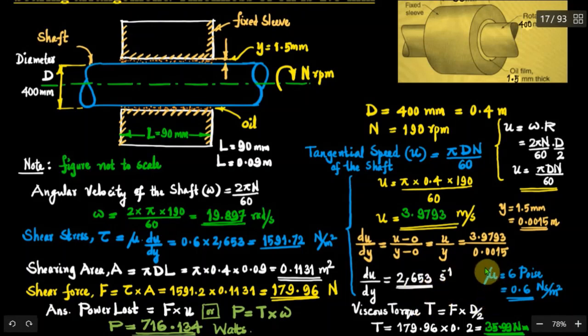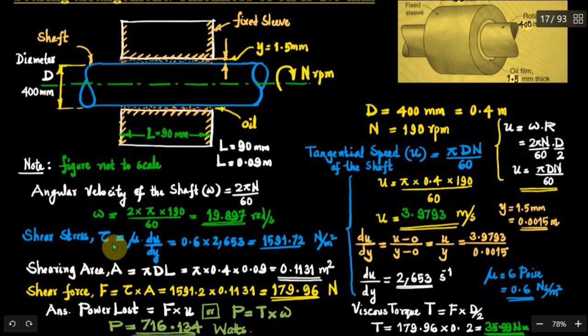The dynamic viscosity of the lubricating oil is given as 6 poise. When you convert that into SI units, you will get 0.6 Newton second per meter square or Pascal second, because 1 poise is 1 by 10 Newton second per meter square. Now we are in a position to find out the shear stress.